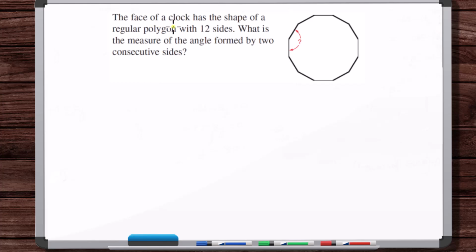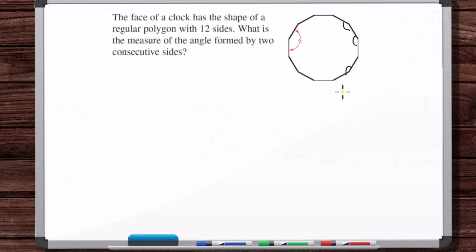The face of a clock has the shape of a regular polygon with 12 sides. Okay, so what is the measure of the angle formed by 2 consecutive sides? Well, this is just going to be whatever the interior angle measure is. And since this polygon is regular, all of these interior angles are going to be the same measure.